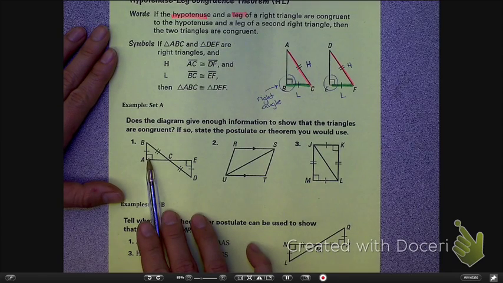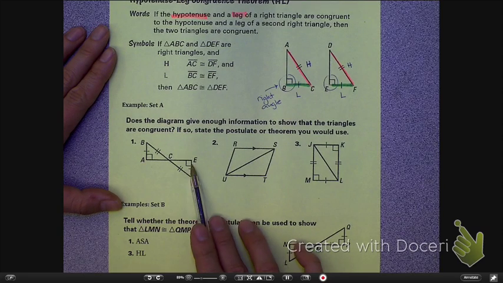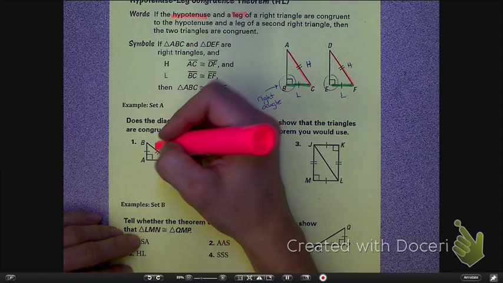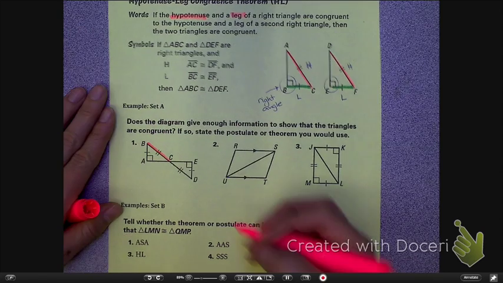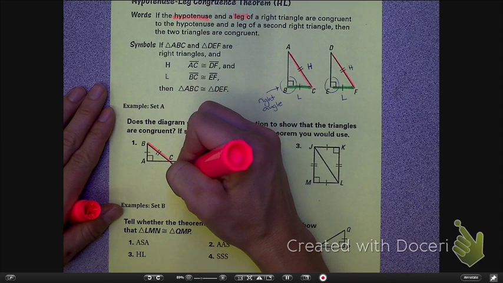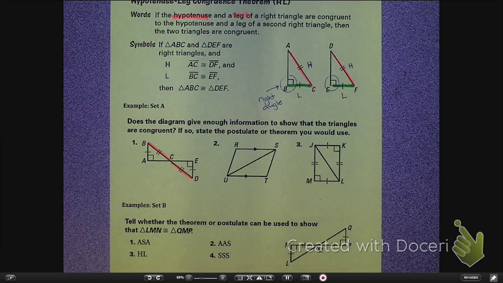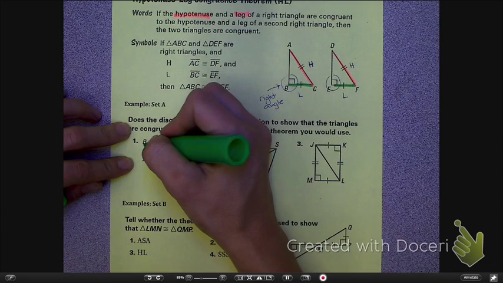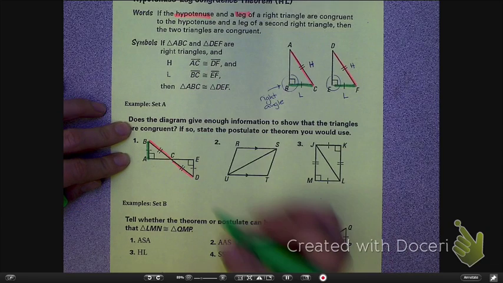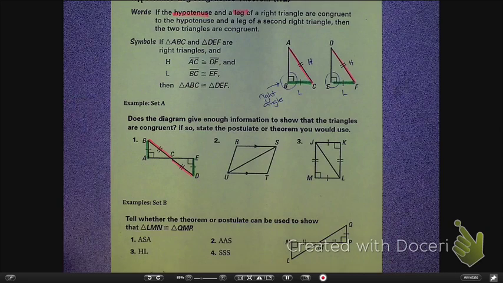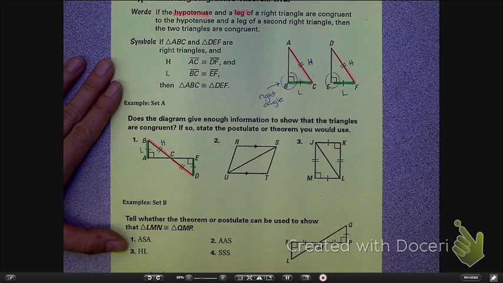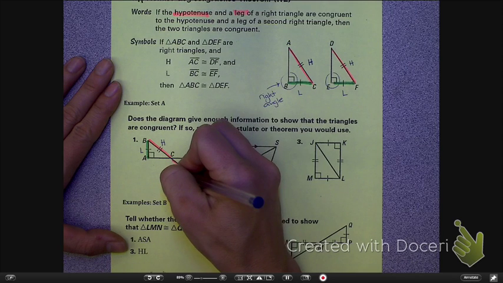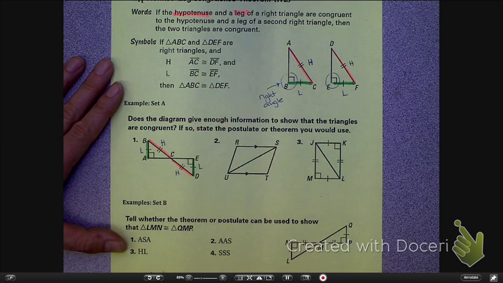I have a right triangle here. I also have a right triangle here. I see that I have the hypotenuse of the first triangle, and I also have the hypotenuse of the second triangle marked congruent. I have a leg on the first triangle and a leg on the second triangle marked congruent. Okay, so I have hypotenuse, leg on the first one, and I also have hypotenuse, leg on the second one. Therefore, I can use the new theorem that I just learned.